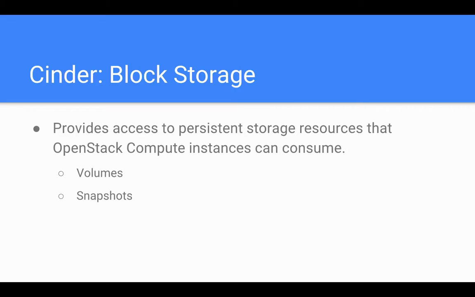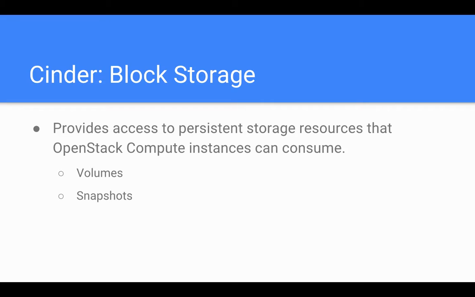The main resources that you will be interacting with through Shade are the volumes and snapshots. The volumes are the persistent storage that can be attached to a VM, and snapshots are backups that can be created to have a specific version of a volume to restore important data.